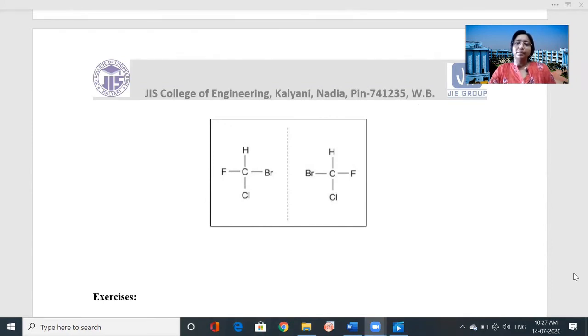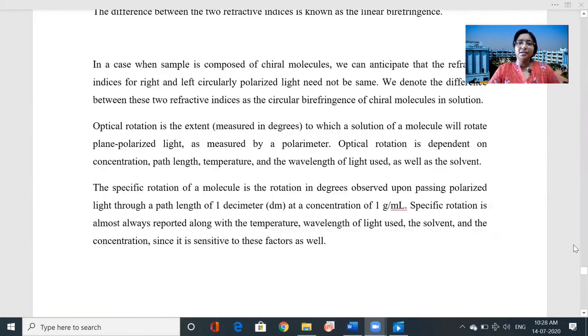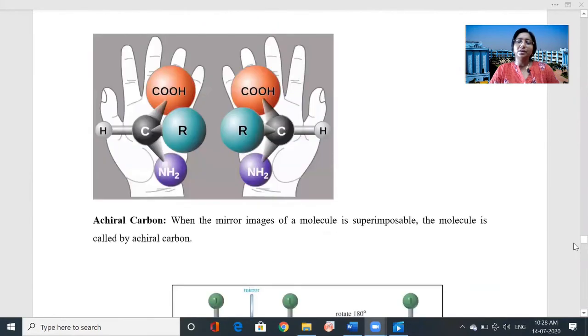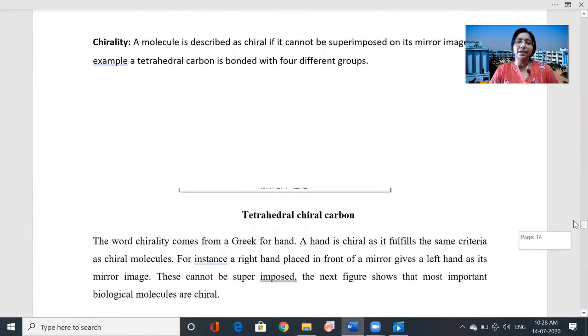Now let's summarize. What have you learned today? You have seen a video, and you have learned the different three-dimensional representations, like the Fischer representation and the ball and stick. Let's recapitulate.